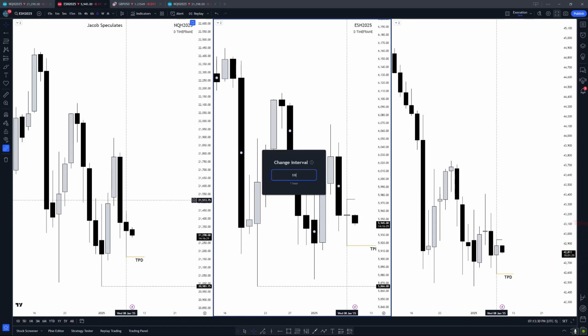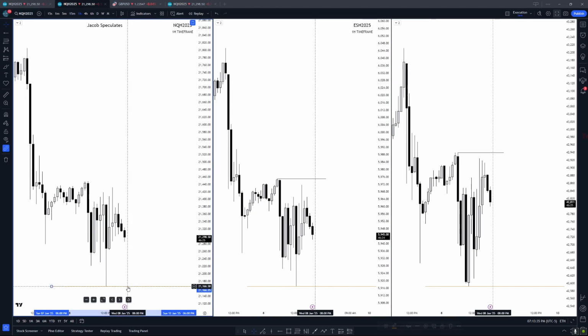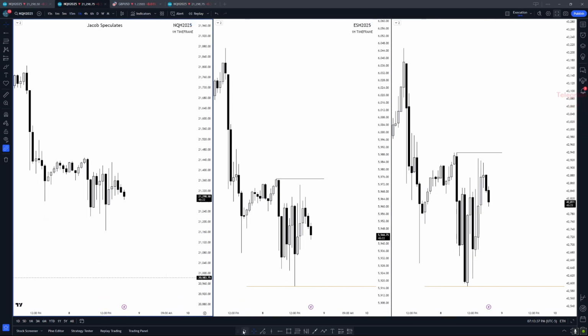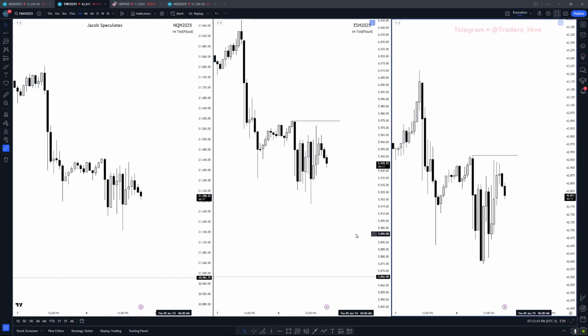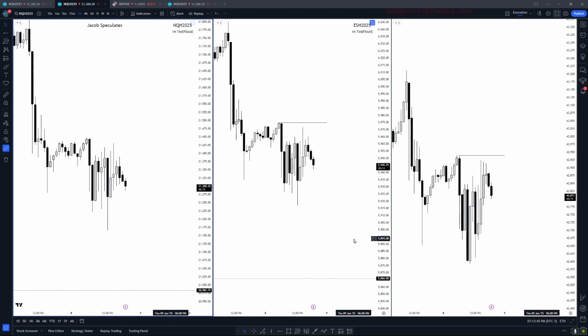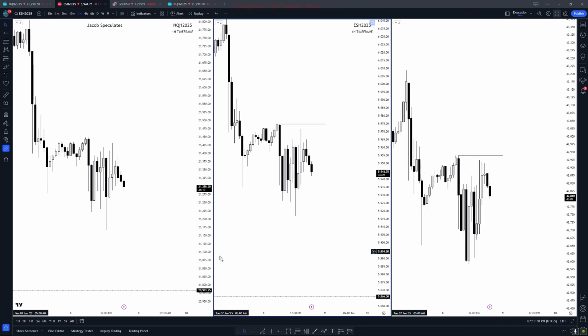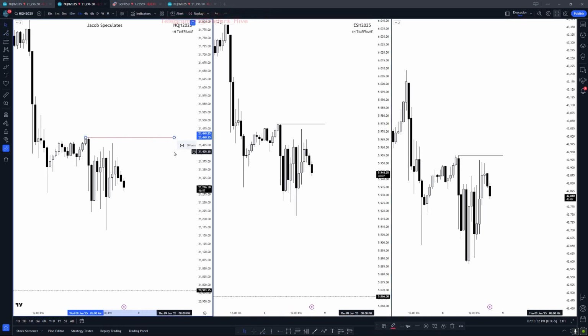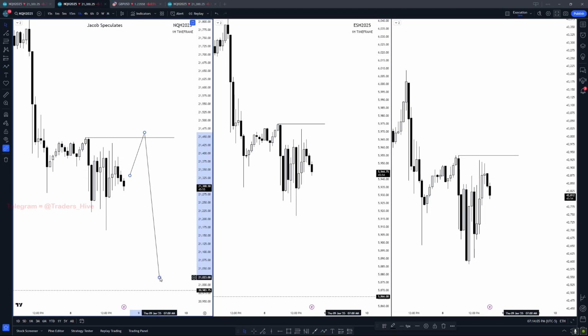So if we go from the daily time frame to the hourly time frame, we could expect to see an SMT above this high and then continuation lower.